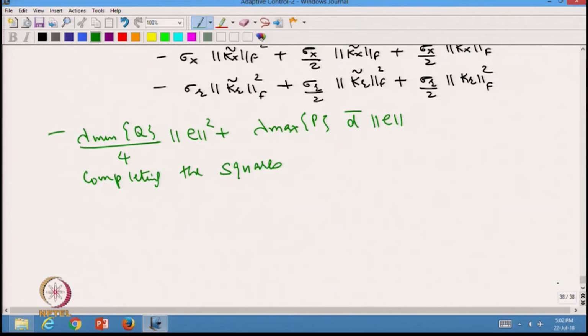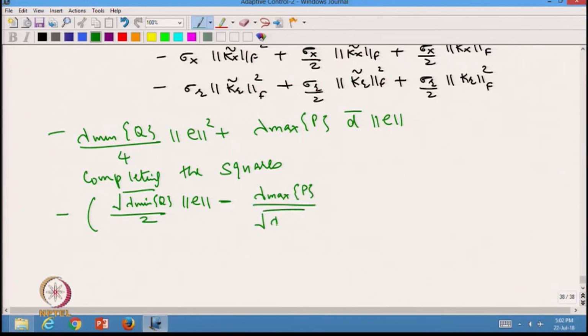For this case, let us complete the squares, and what we get is our a is in fact square root of lambda min of Q divided by 2 times E, minus, so the b is lambda max of P divided by square root of lambda min of Q times d bar, square.